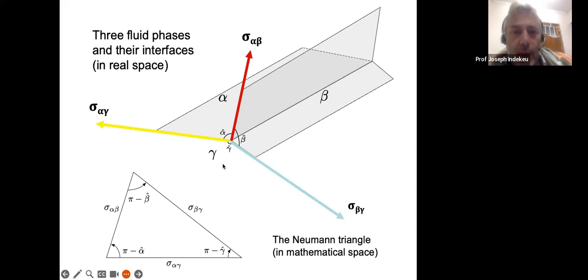So this is the mechanical analogy of the effect of the interfacial tensions on the contact line where 3 phases meet.